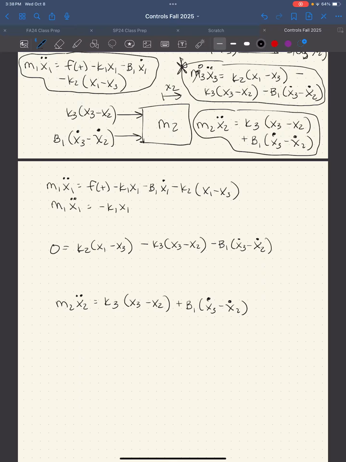All right, so let's rearrange the same way I did last time. Minus k1 x1 minus b1 x1 dot minus k2 x1 plus k2 x3 plus f of t. I'm going to group by terms and then divide by m1. Minus (k1 plus k2) over m1 x1 minus b1 x1 dot plus k2 x3 plus f of t.